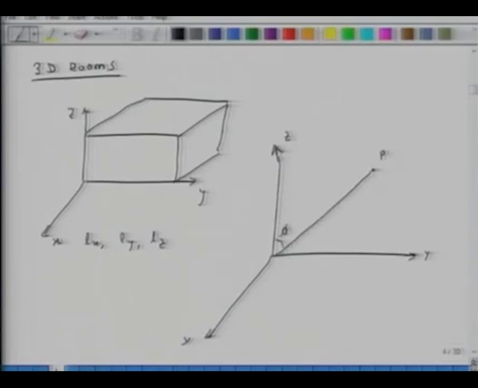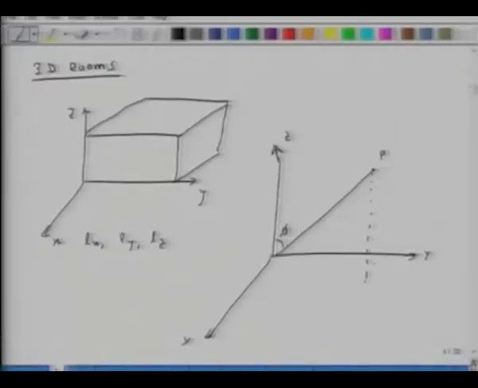I make an angle phi with respect to the z-axis of this vector, and in the xy plane, the projection of this vector OP is OP prime. And OP prime makes an angle theta with respect to the x-axis. So this is standard 3D Cartesian geometry.